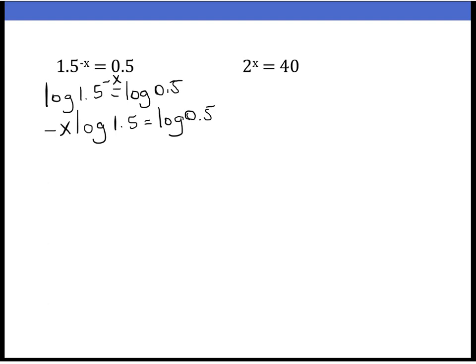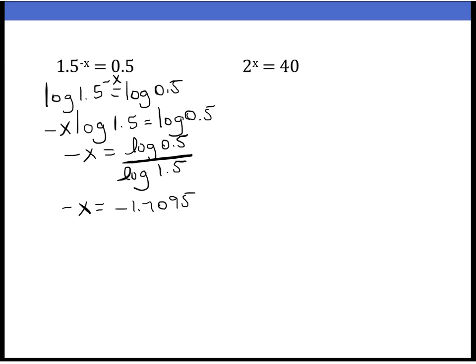Now we're going to divide both sides by log of 1.5. Don't divide the 1.5 into 0.5, that won't give us the correct answer. When we do this, it gives me negative 1.7095. We're going to round to 4 decimal places, and then multiply or divide by negative 1. And there we go.